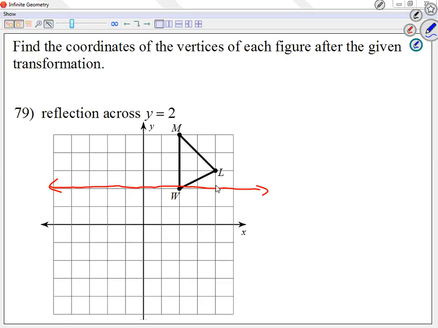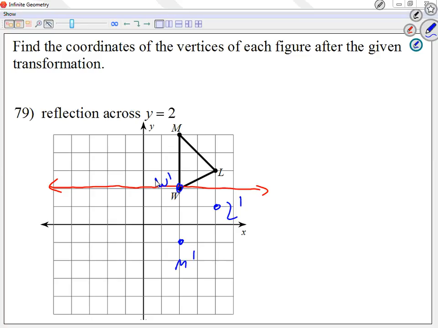Notice the L is 1 space above the mirror, so bring it 1 space below the mirror. That's my L prime. Remember, for reflection, we count the spaces. Looking at M, 3 spaces from the mirror line, let me bring it 3 spaces on the other side. That's my M prime. And my W stays on the same spot. It's technically 0 spaces above, so I bring it 0 spaces below. It doesn't move.